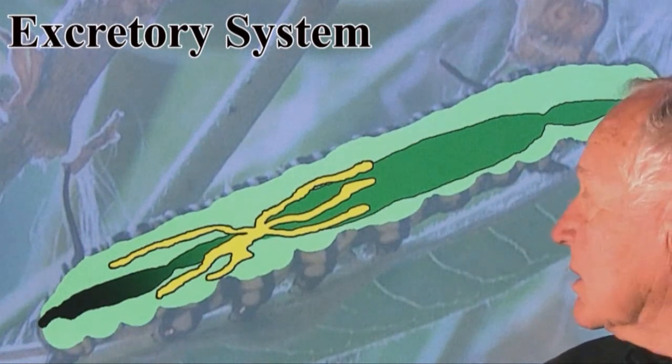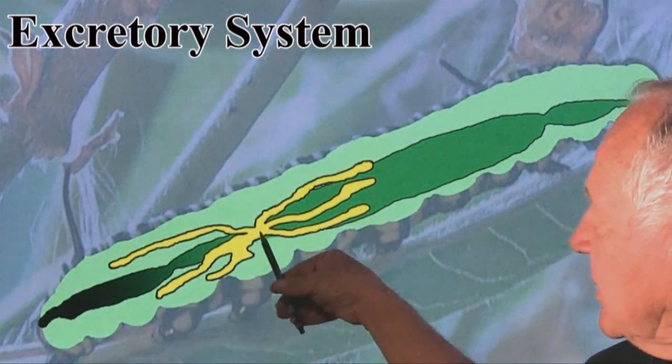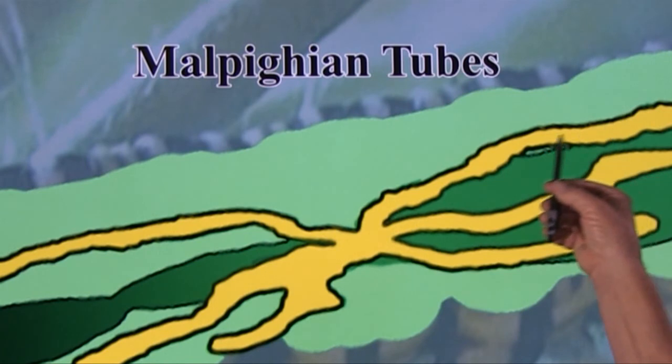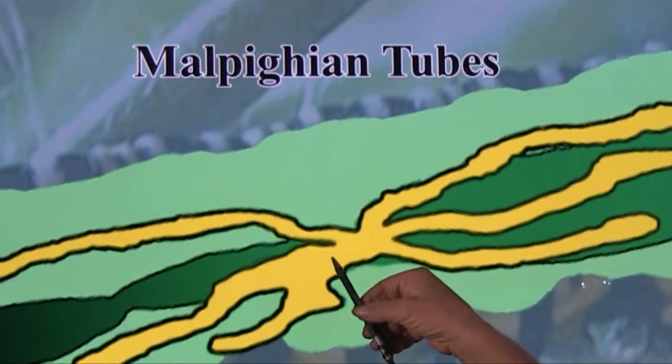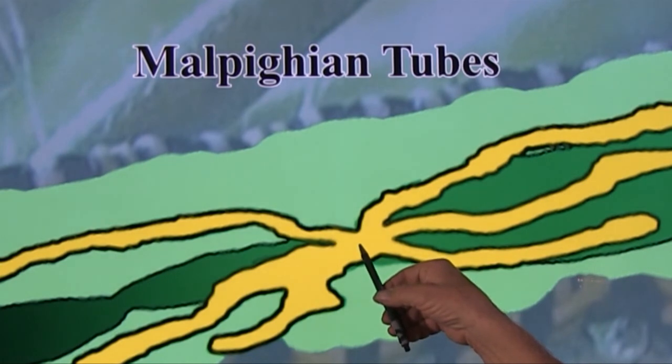The excretory system, represented by the Malpighian tubules, will collect fluids from all parts of the body and concentrate them into this area of the digestive system.